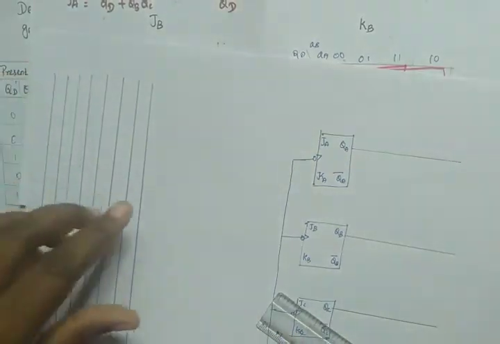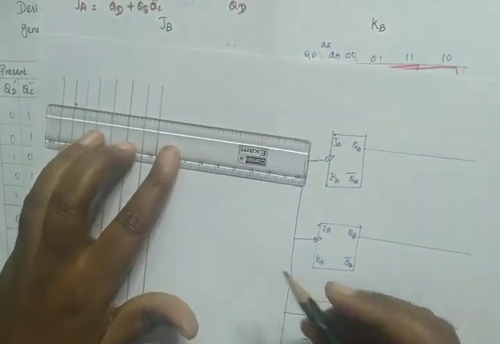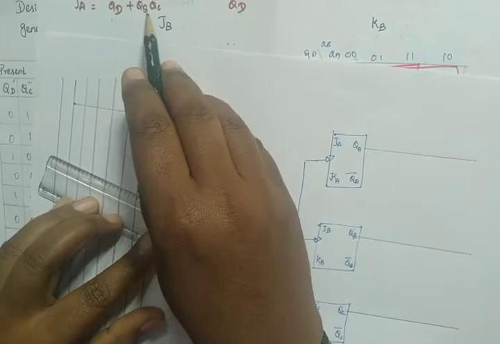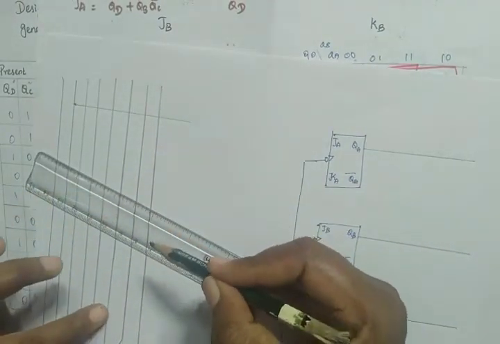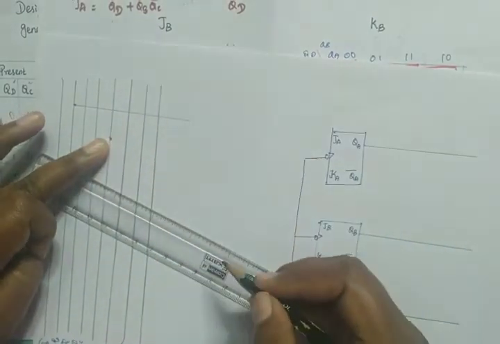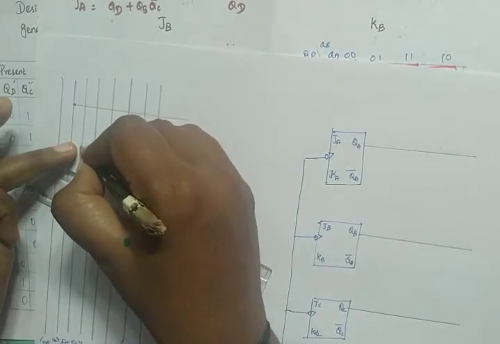QD plus, here we have QD. Check the line where we have QD. This is our QD line. Then QB bar, QC bar. Where is QB? Here we have QB. This is QB bar line. Then QC bar. This is QC bar line.